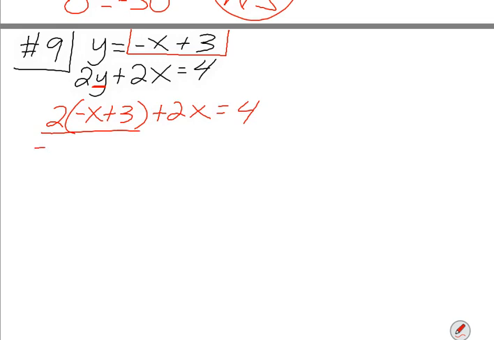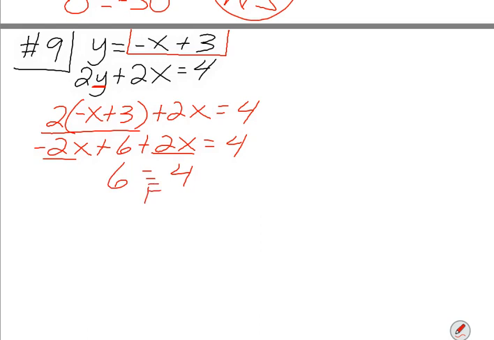Distributive property, negative 2x plus 6 plus 2x equals 4. Combining like terms gives me 0. So I have 6 equals 4. That is false. We get no solution on number 9.